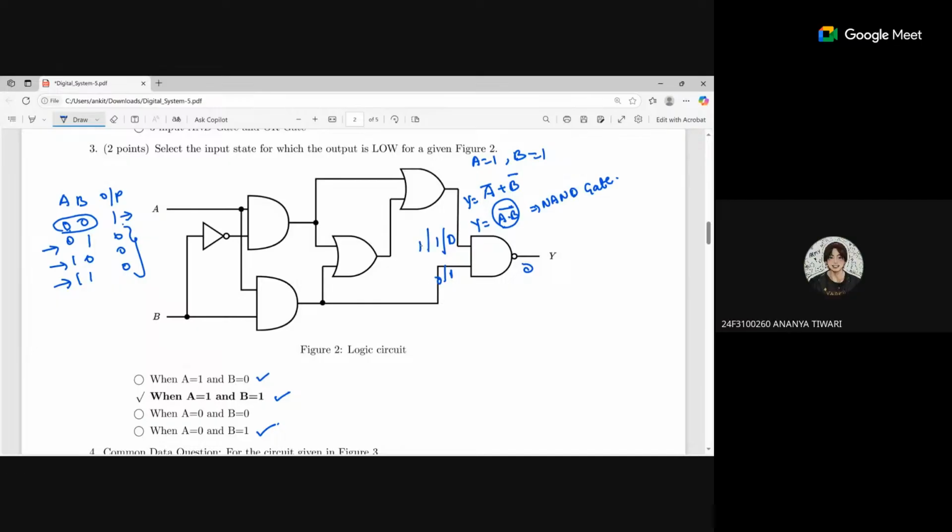If the output is 0, then AND will be 1. So there should be 1 1, right? Because if you are only talking about this being a NAND gate. Yes, sir. Okay, so basically we are taking that this is an AND and NOT gate.